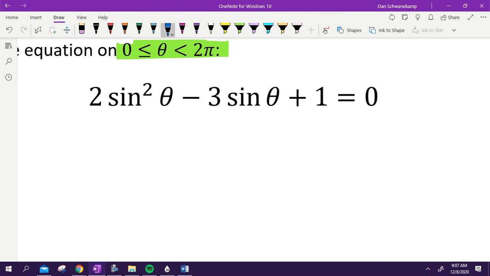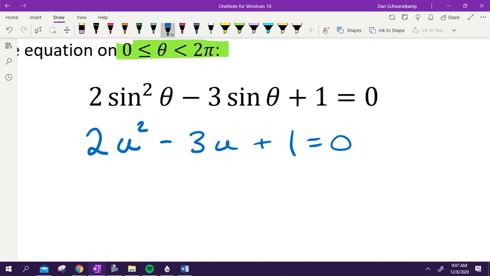We did this back in probably October. But I'm going to write this as 2u squared. Instead of sine, I'm just going to use the letter u. Why do they do that? Not quite sure. It just helps us better visualize what's happening. Minus 3u plus 1 equals 0. Everybody good to that point?